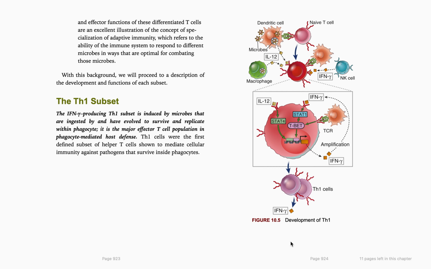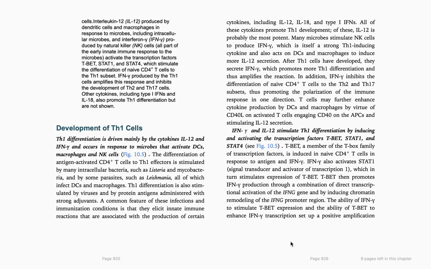So we say, development of Th1 cells: interleukin 12 is produced by dendritic cells and macrophages in response to microbes, including intracellular microbes, and interferon gamma is produced by natural killer cells, all part of this early innate immune response to the microbes.